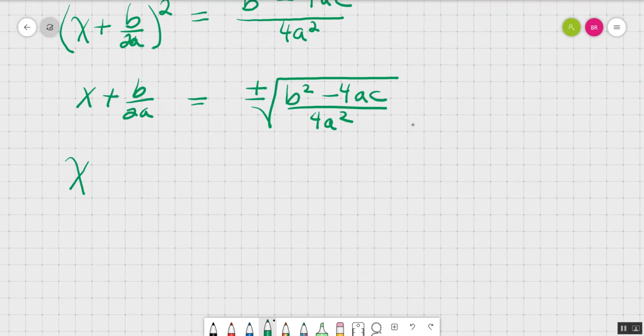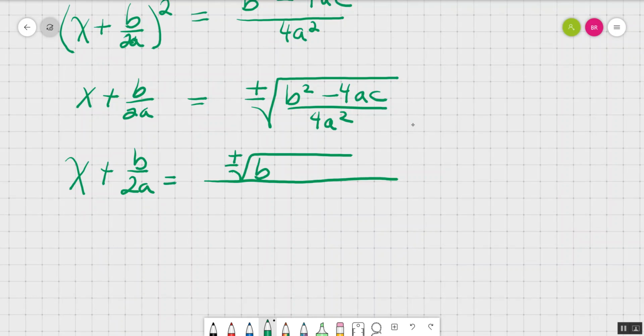So x plus b over 2a equals plus or minus the square root of b squared minus 4ac all over the square root of 4, which is 2, and the square root of a squared, which is a. Get it? And then I just have to subtract b over 2a.